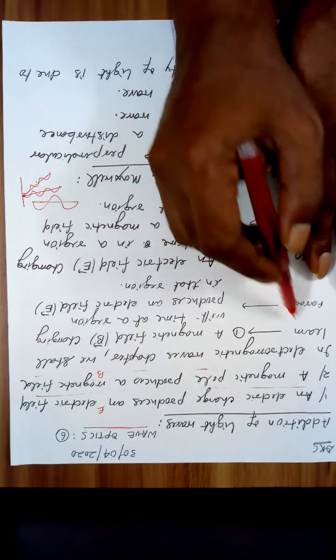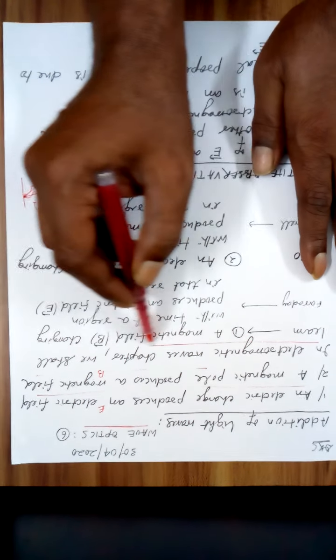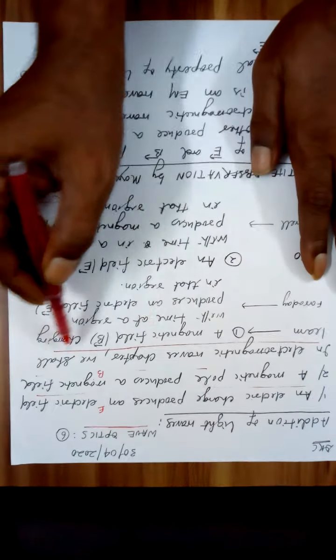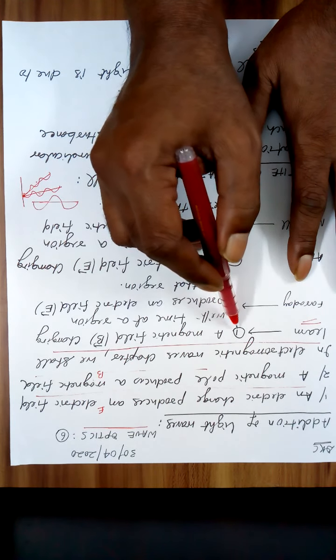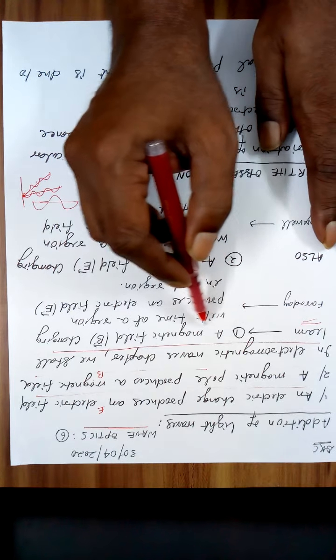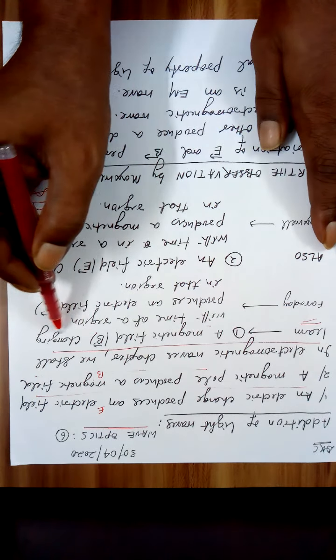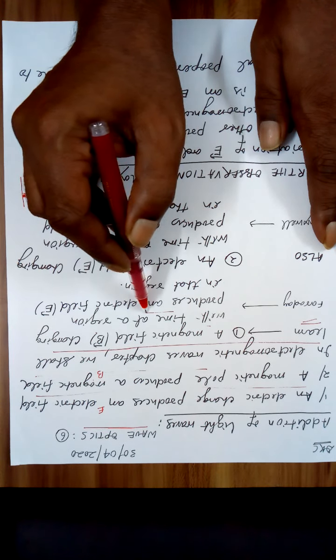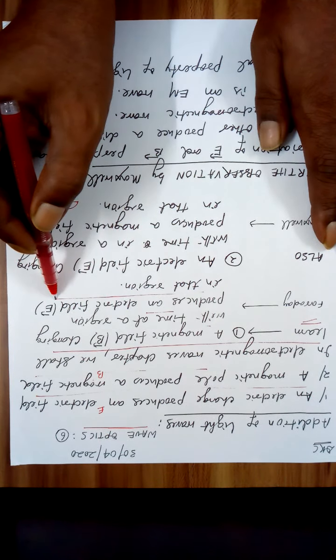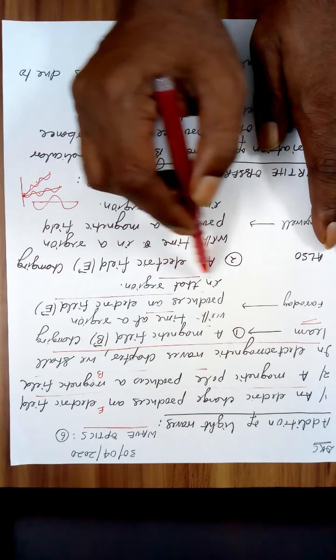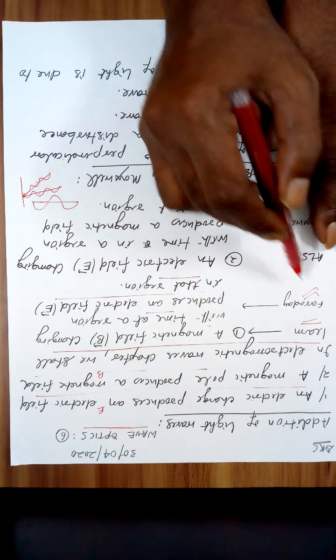In another chapter, in the electromagnetic waves chapter, we shall also learn there are two things. Number one, a magnetic field which is changing with time at a region produces an electric field in that region. This was observed by Faraday.